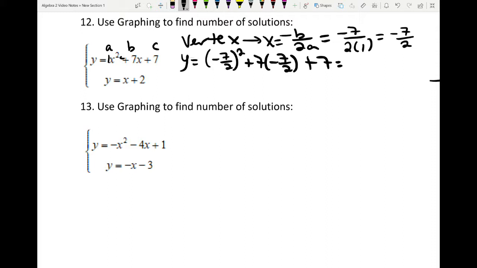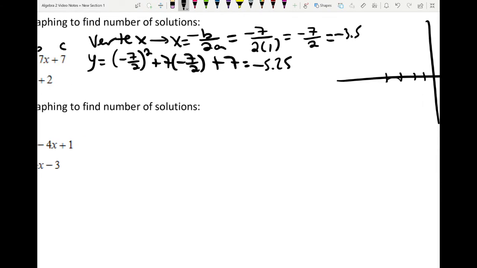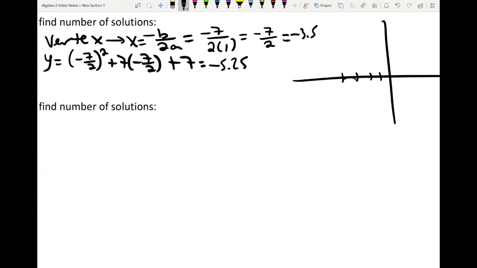If you do that, you get negative 5 1/4, so just negative 5.25. And x as a decimal is negative 3.5. So the vertex is somewhere around here.